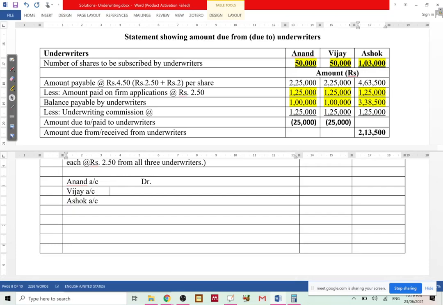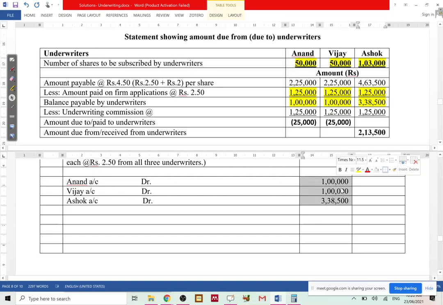Debit all three, and amounts to be paid by each one: 1 lakh, 1 lakh, 3 lakh 38,500. Meaning still payable. This is how much as debtors they are going to pay us. Debtors doesn't always mean customers, meaning trade debtors. That is the customers. But here these are debtors that are yet to pay us the money.